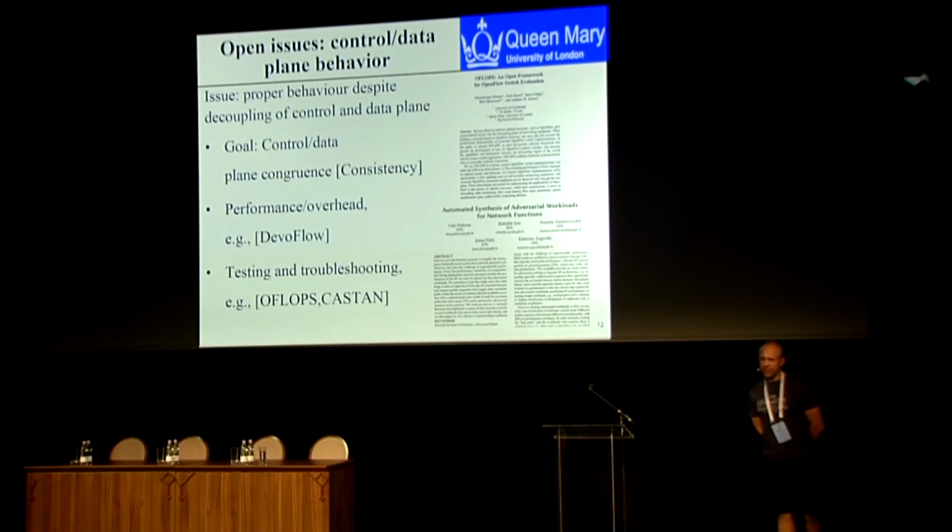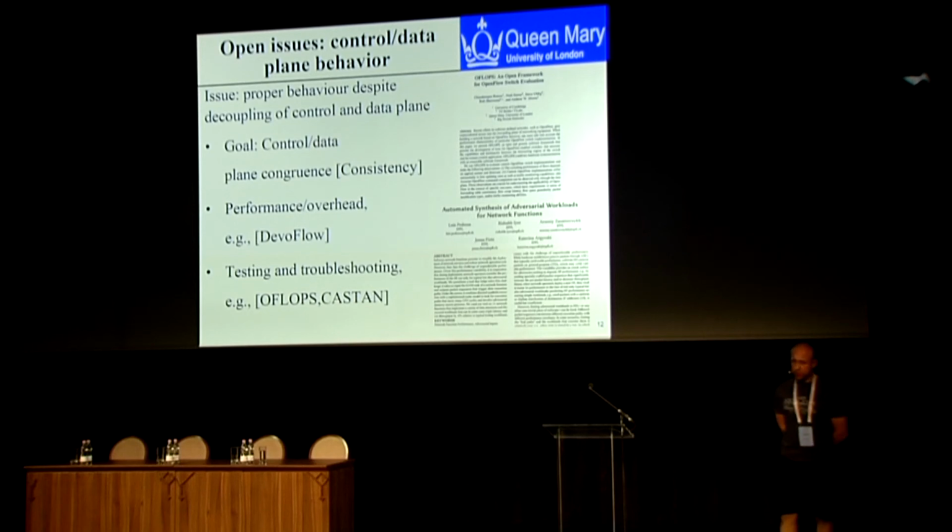The main issue is, yes, you decouple control and data plane and you say, oh yes, I will cleanly add another hack and change things inside the network. Well, yes, but when you do this, you had better know what you're doing and whether it interferes with other slices or protocols. So you want to be sure there is congruence, consistency between the control and the data plane, so that what you think the controller knows is the reality.